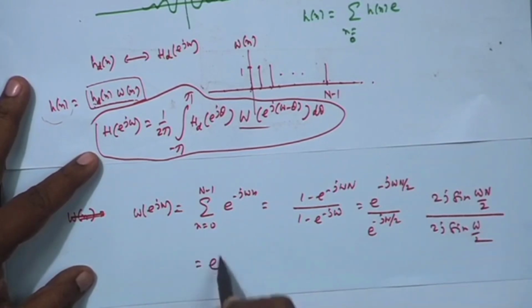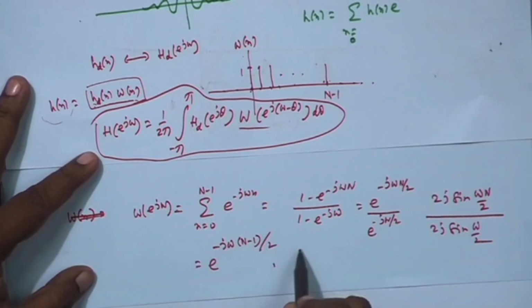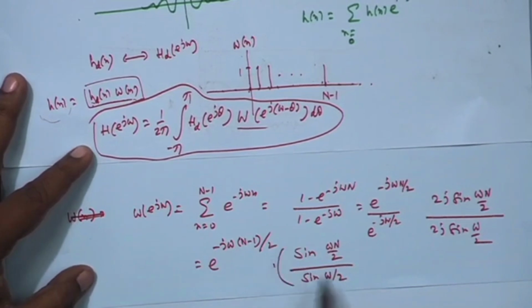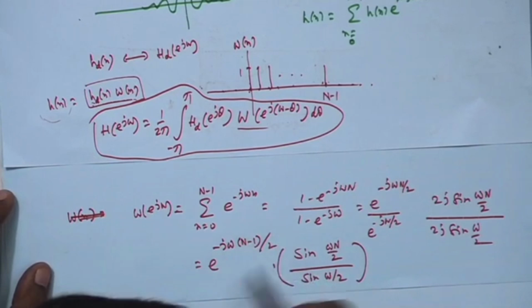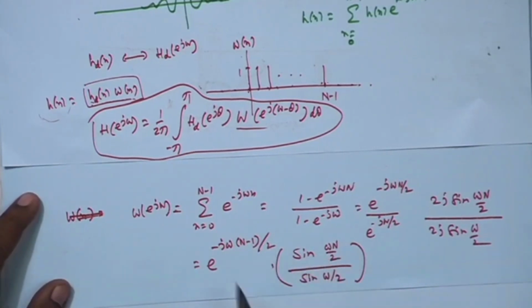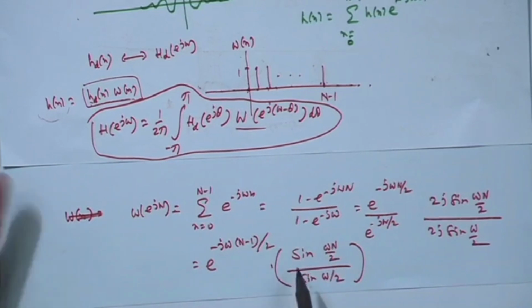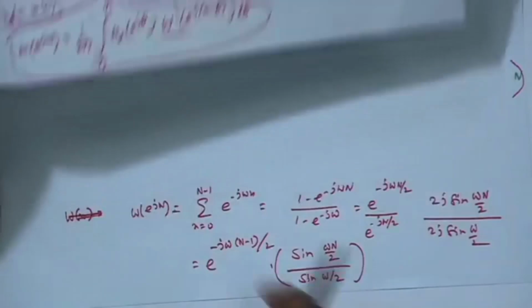So, it will be this into this part. Let us see how it behaves. This will be a phase. All right, this will be a phase. So, how does it behave? Then we will put that back in this integral and see.